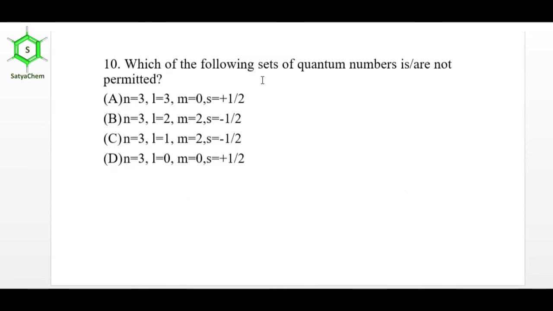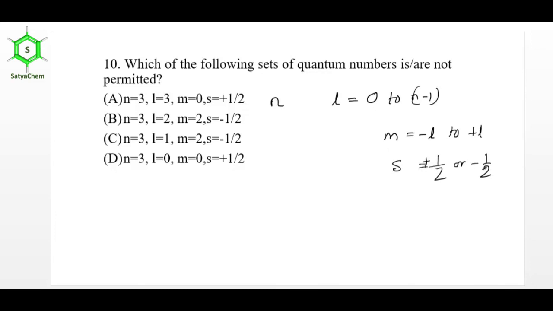Now, which of the following sets of quantum numbers is or are not permitted? We know that for a given principal quantum number, the azimuthal quantum number should be 0 to n minus 1, the magnetic quantum number should be minus l to plus l, and the spin quantum number can be plus half or minus half.